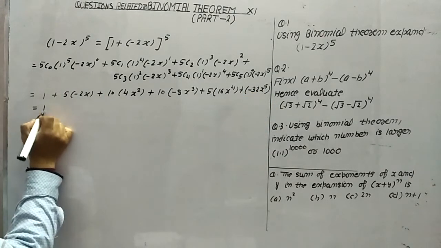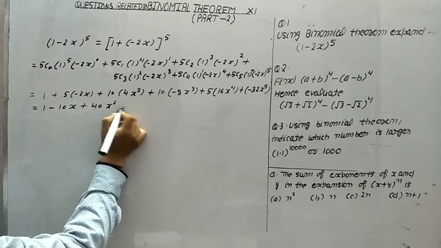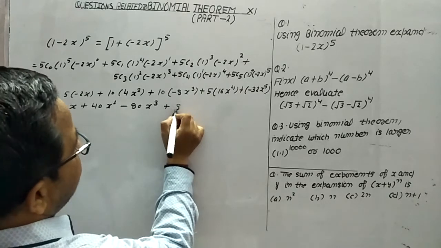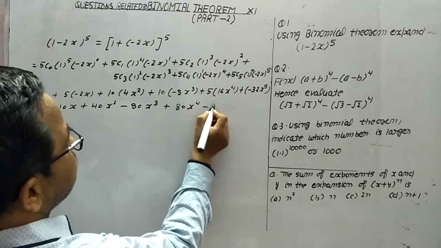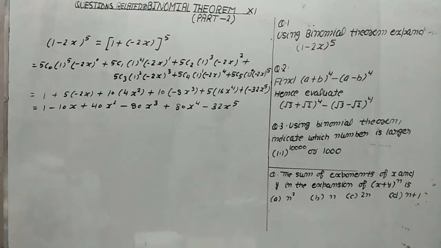Now solve this: 1 minus 10x plus 40x square minus 80x cube plus 80x raised to power 4 minus 32x raised to power 5, and this is the answer.